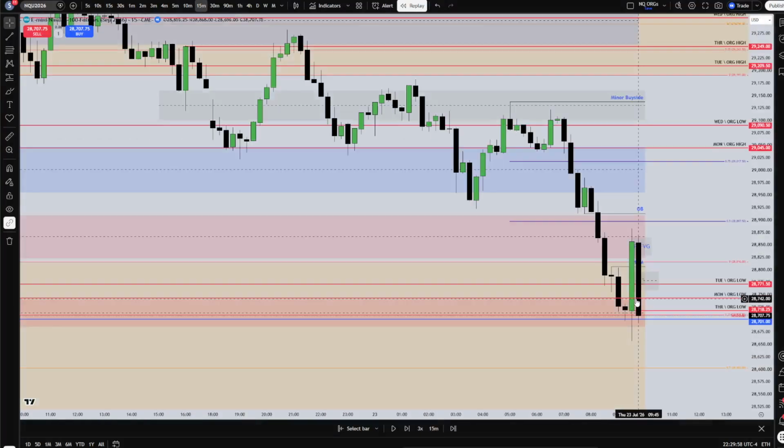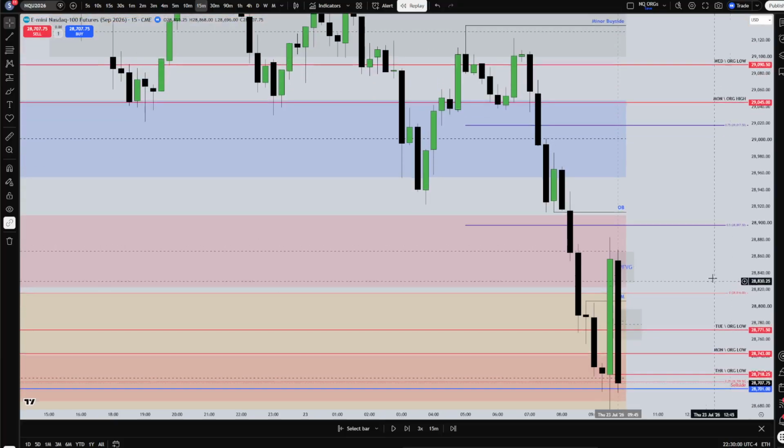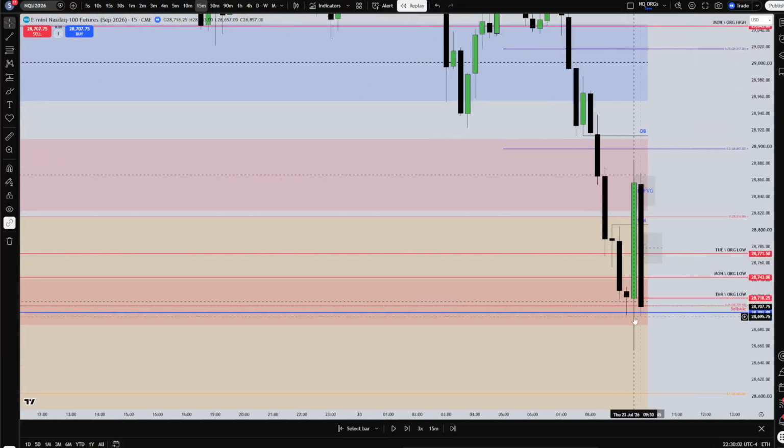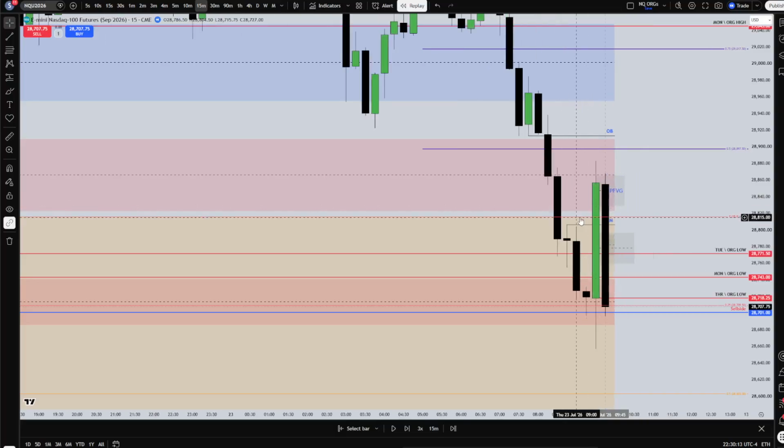And then I also noted out a 15-minute fair value gap over here. As you can see, we open, we go up into this fair value gap, we take out the sell side first, then go towards the buy side, which is this internal liquidity called a fair value gap.